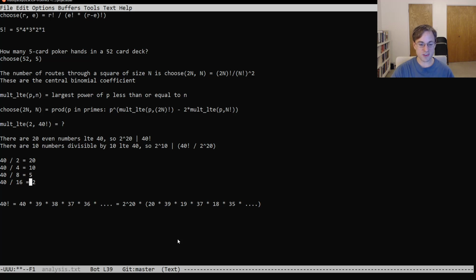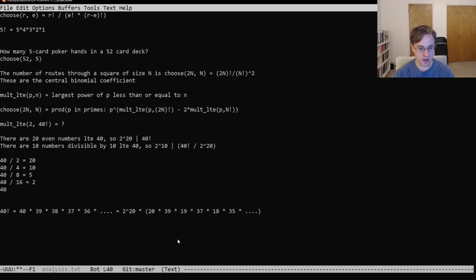Now, you'll notice I'm taking the floor here because we're counting multiples. So, 16 is less than 40, and 32 is less than 40. So there are 2 multiples of 16 less than 40. And then we have 40 divided by 32 is equal to 1.